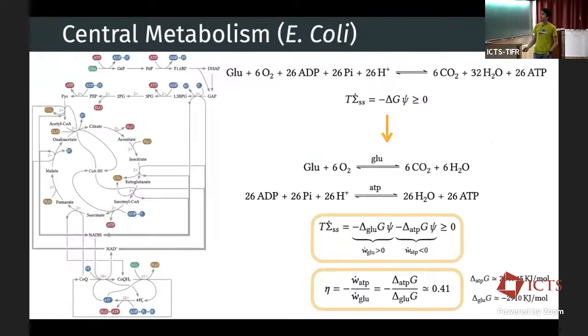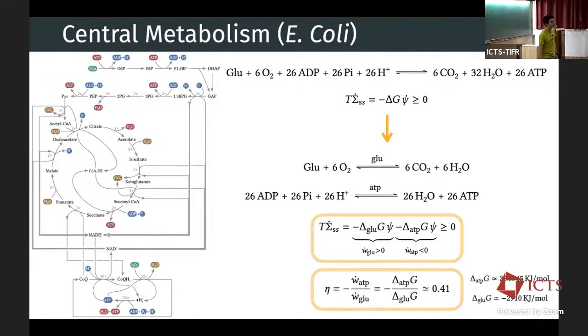Since you have just one emergent cycle, the second law can be written in this fashion: the entropy reduction, or dissipation, is given by minus the delta G of this single effective reaction times the corresponding current. But we can split it again into a reaction accounting only for the combustion of glucose, and another accounting for the interconversion of 26 ADP into 26 ATP.